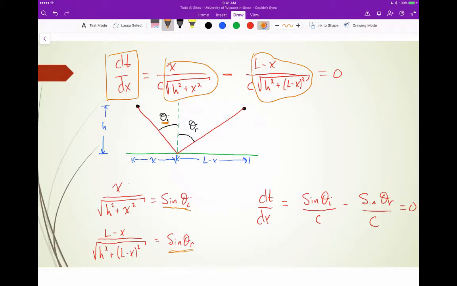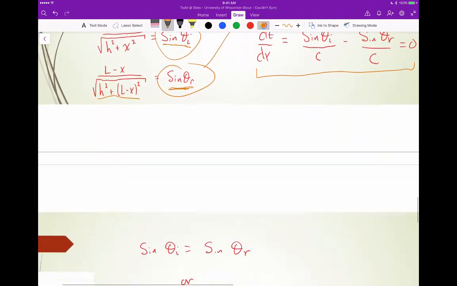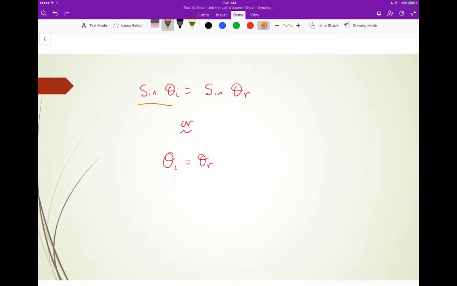And the sine of the reflected angle is L minus x over root h squared plus L minus x squared. So plugging this term in for that and this term in over here, this is what the equation reduces down to. In other words, the sine of the two angles has to be equal to one another.